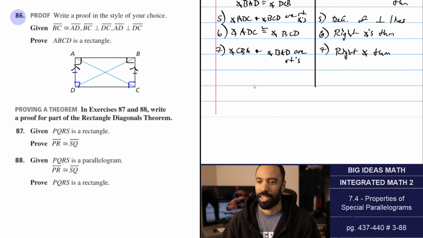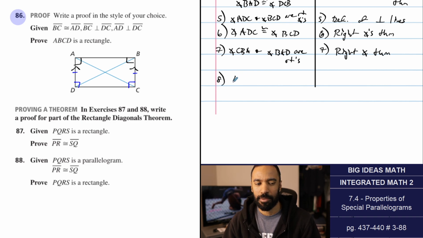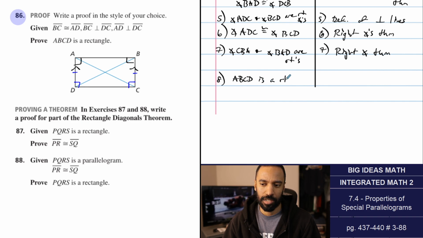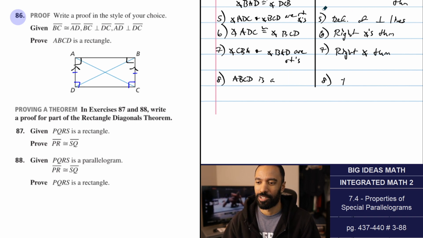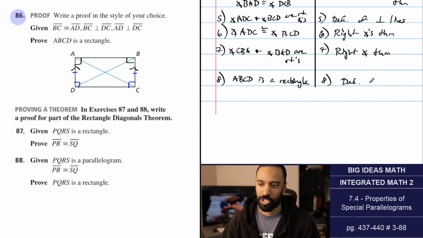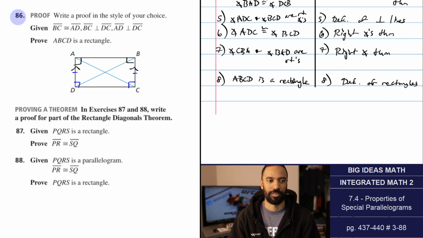All congruent right angles are right angles with each other. And 8, ABCD is a rectangle by its definition. It's a rectangle, not a right angle. I was going to say definition of right angles. Definition of rectangles. Whew. All right.